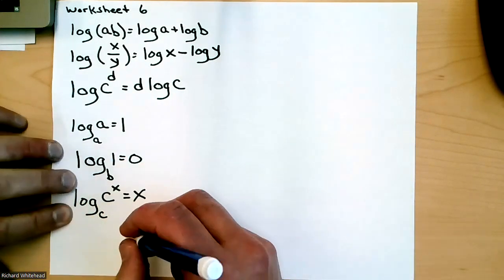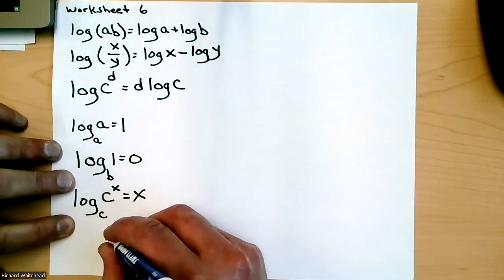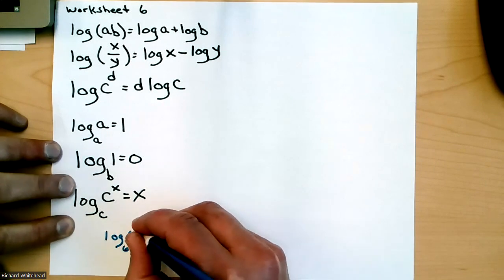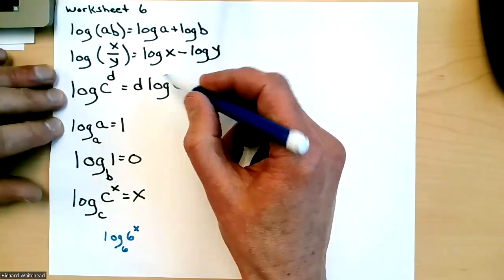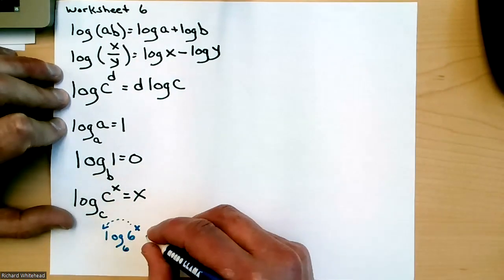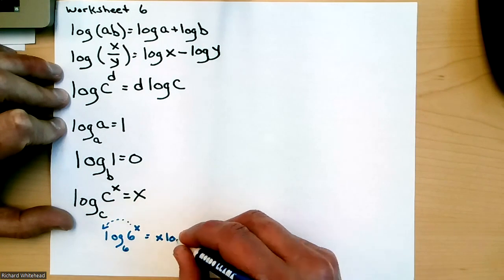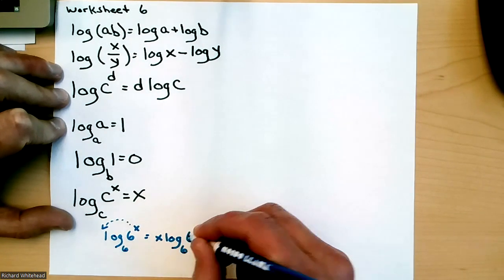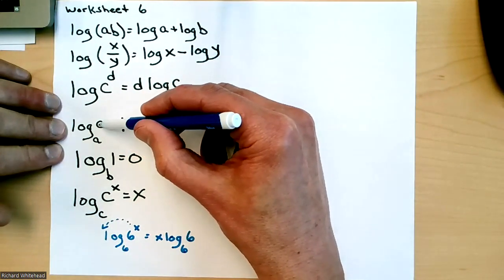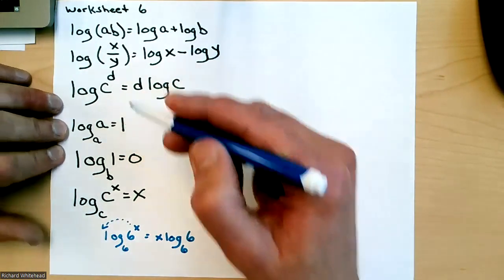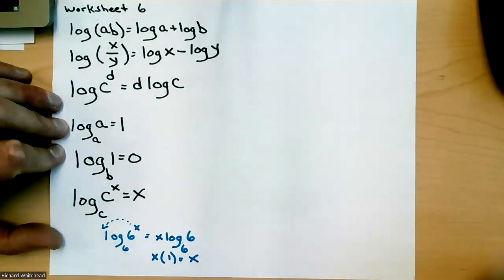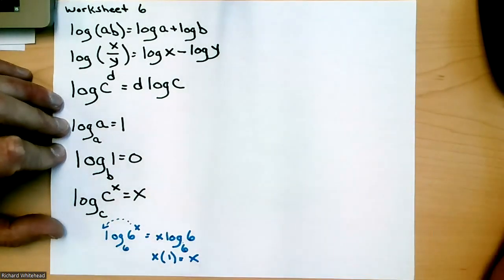And if you think about it, with log base 6 of 6 to the x power, the x would go to the front and become x times log base 6 of 6. But log base anything of itself is 1, so log base 6 of 6 is 1, and that's actually equal to x. So that's why this rule works.